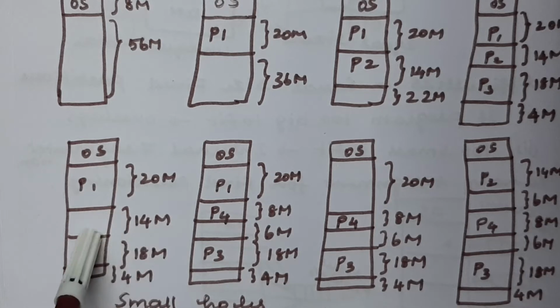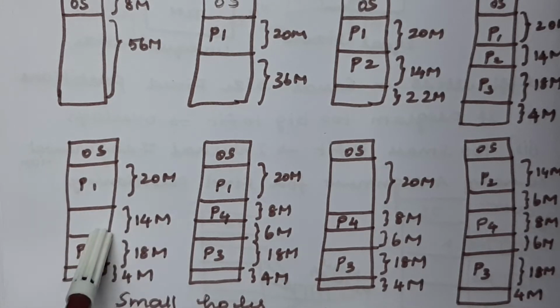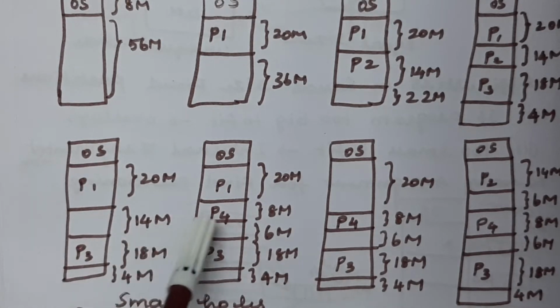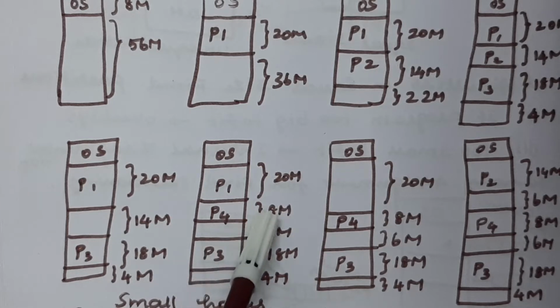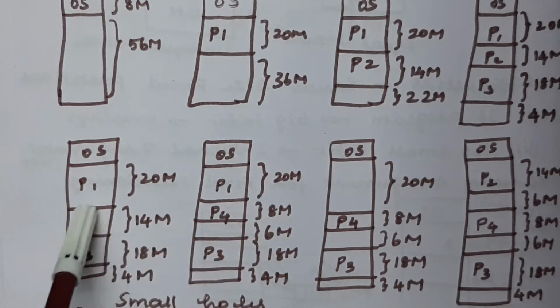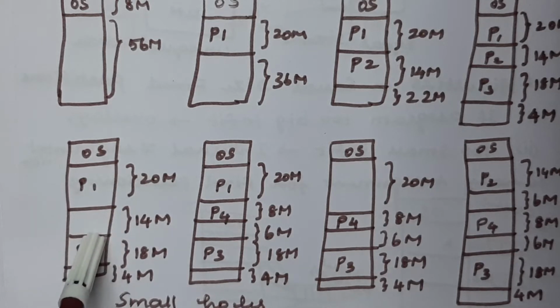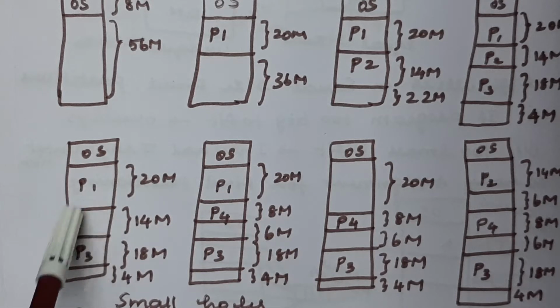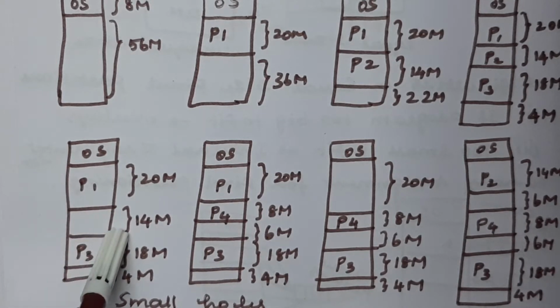Even then, if you look at this, the space we have is 14 MB, but the size of the process P4 is only 8 MB. This partition was already created, and we gave it to the process P2 because the size of P2 is 14.